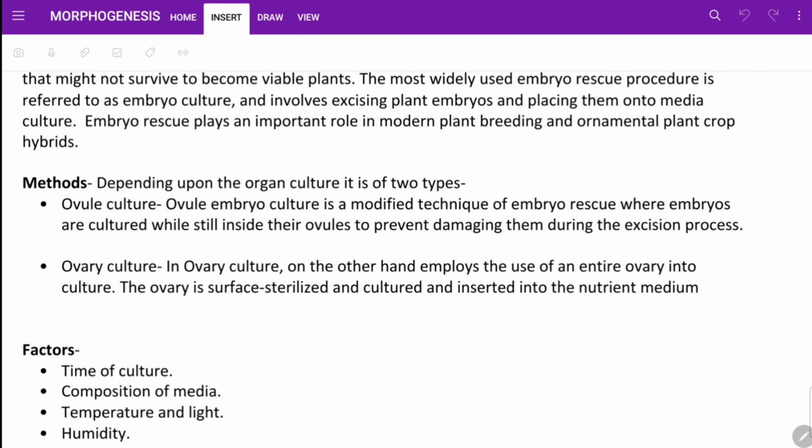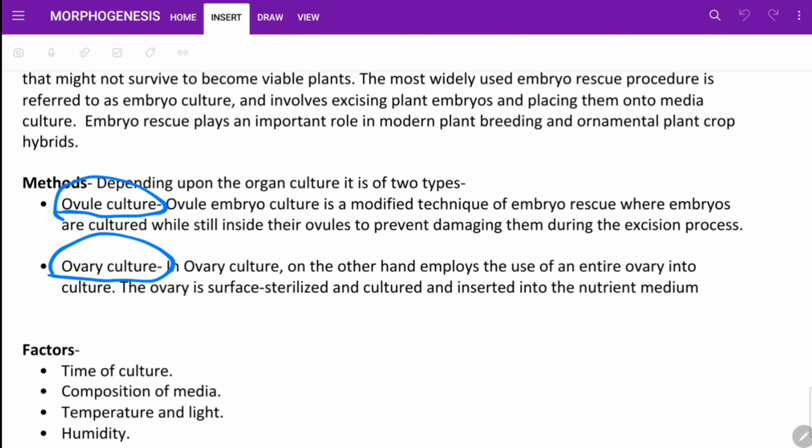So today we are going to be discussing the methods of embryo culture. Depending upon the organ cultured, it is of two types: ovule culture and ovary culture.